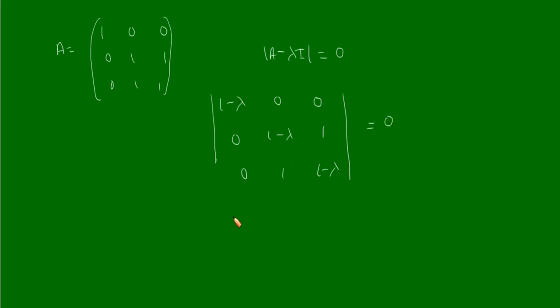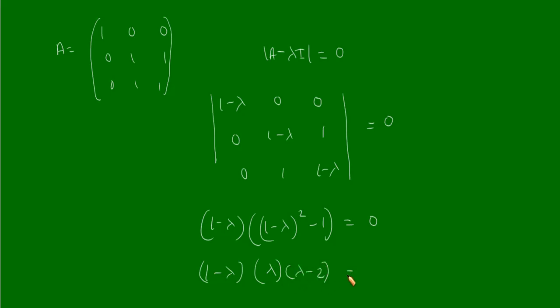If you expand this, then (1 minus λ) times [(1 minus λ)² minus 1] is equal to 0. So this will be (1 minus λ) times, this can be written as λ times (λ minus 2).